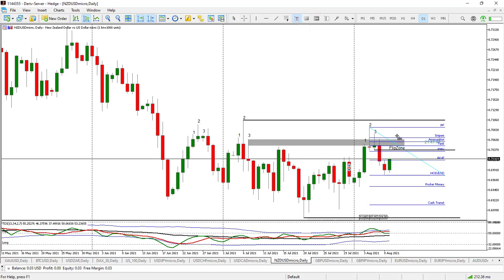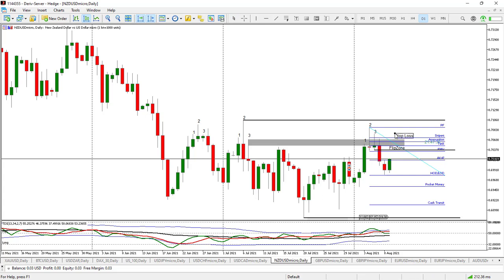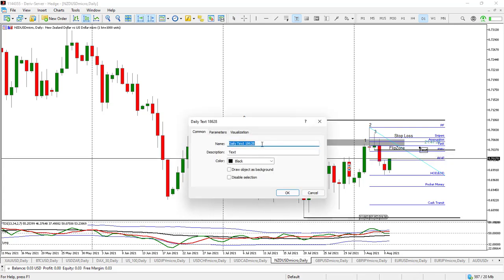Use this area as my stop loss, and then this zone as my entry level.